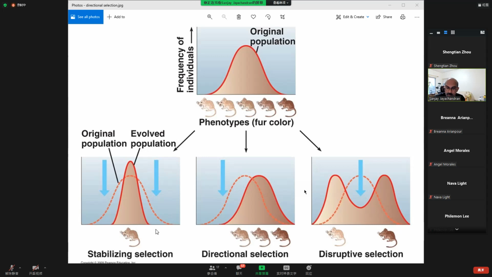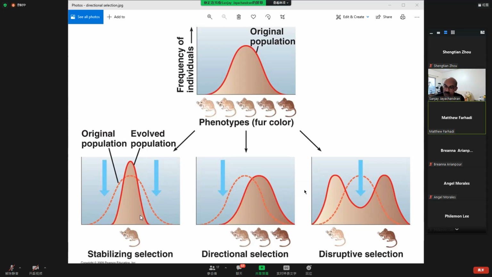Look at the crowd. Keep it simple. Is it the dark brown or the dark color one? What's the range of colors here? From very light to very dark. Okay, so in the first one over here, who's being favored?